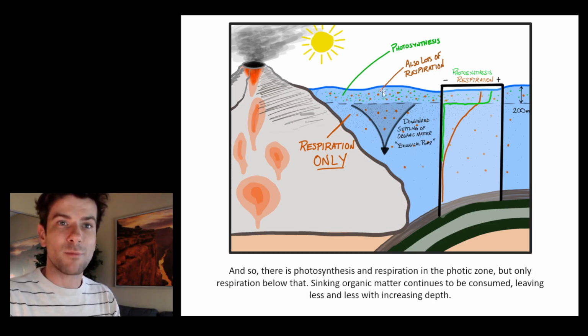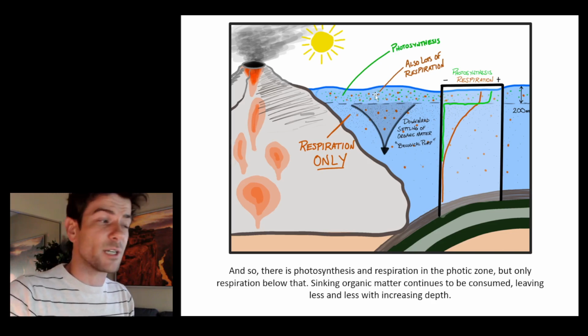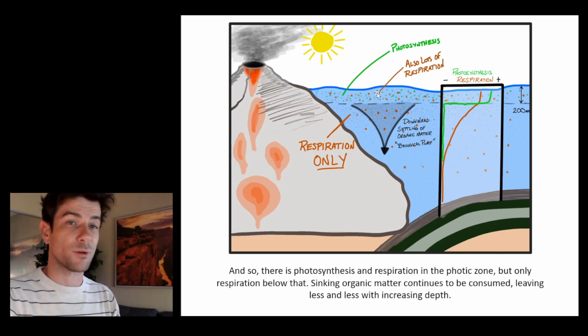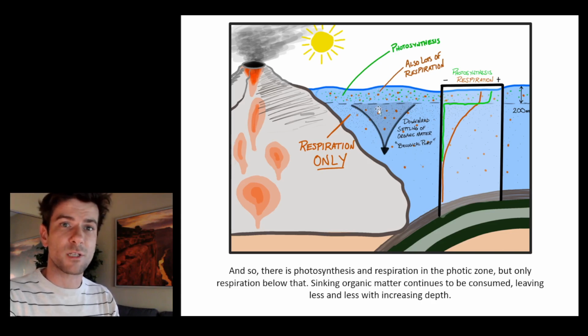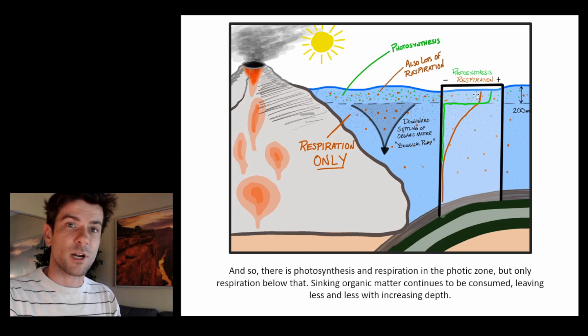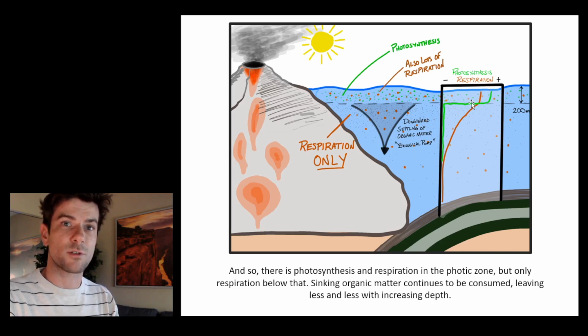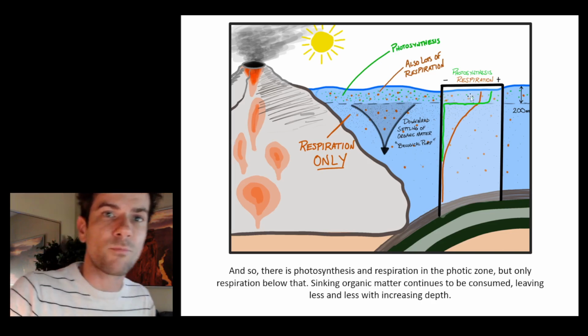Almost all, maybe 99% of the organic material that's produced in the photic zone is respired in the photic zone. It's only a very, very small fraction that sinks out down into deeper waters, right? And so you have some depth profile that looks like this. You have lots of photosynthesis in the surface ocean, and then none below the photic zone because sunlight doesn't penetrate down below that.